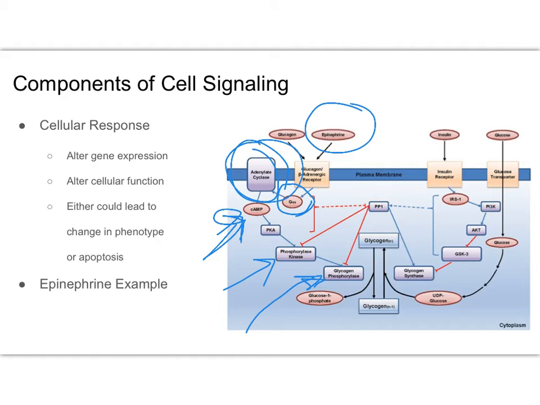So we've gone through multiple phosphorylation kinases here, and I end up with this enzyme as my final product, which is, again, glycogen phosphorylase. What glycogen phosphorylase does is it takes glycogen and breaks it down into glucose.